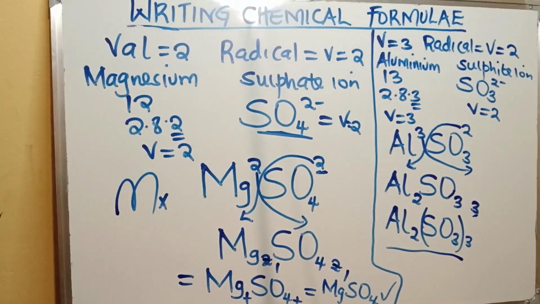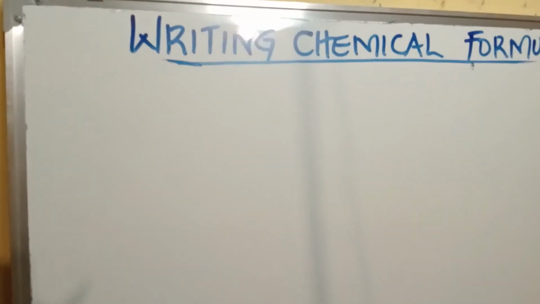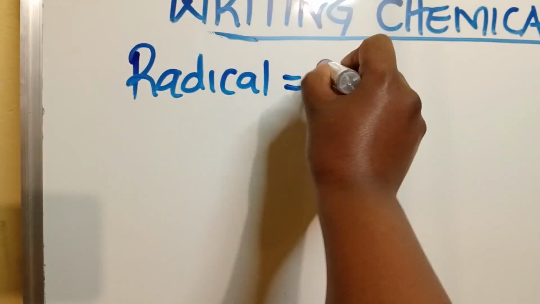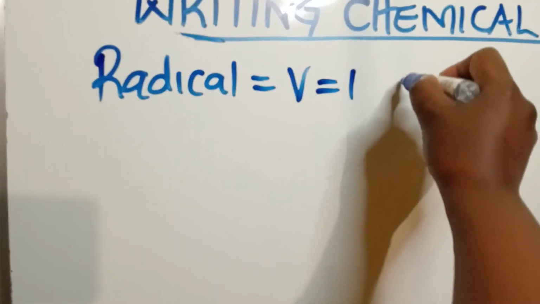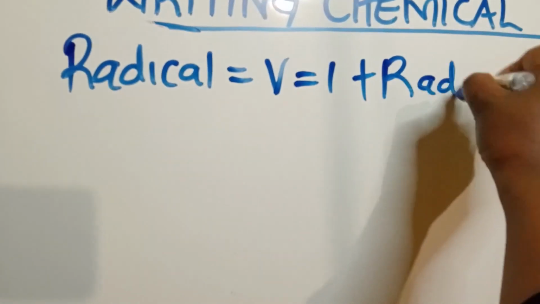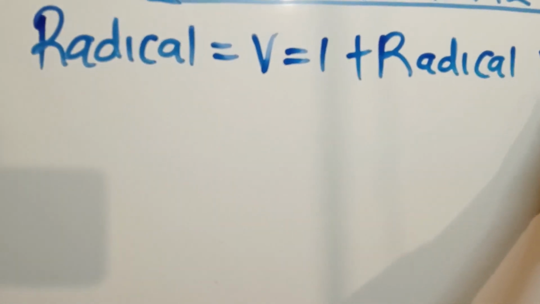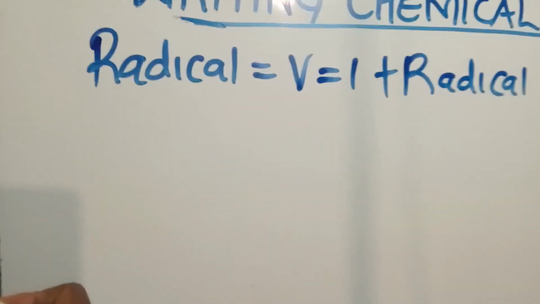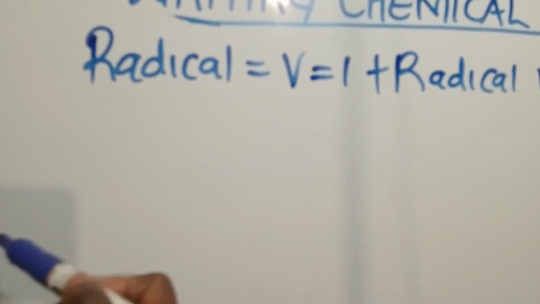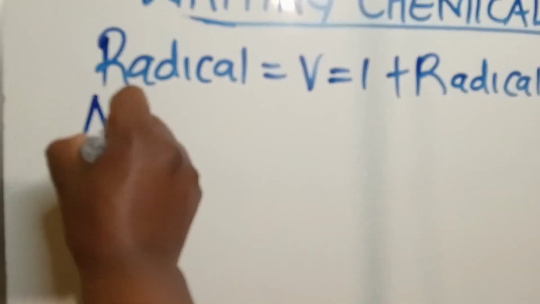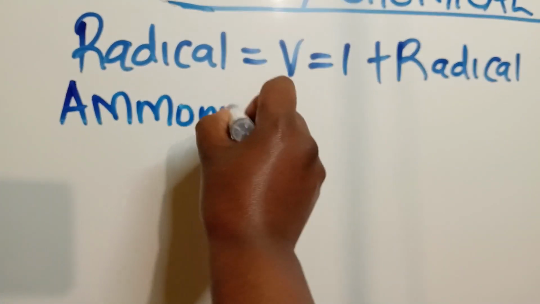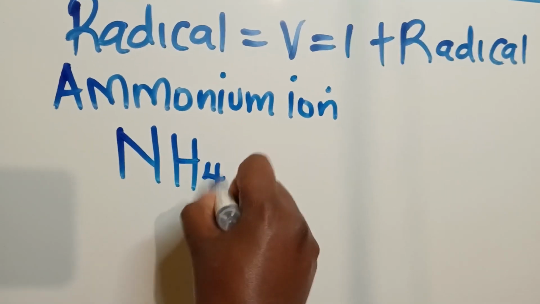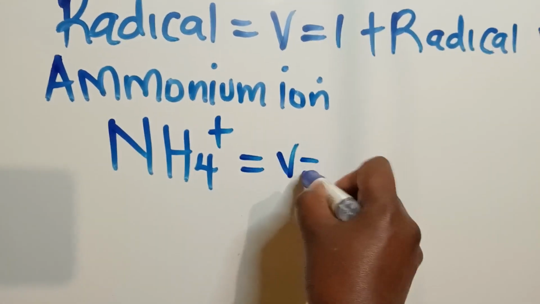Finally, I want us to look at a radical with the valency of 1 and another radical with the valency of 2. This radical with the valency 1 that is to be written on the left hand side like metals is the one that we call the ammonium ion, with this formula NH4 positive, meaning it has valency 1.